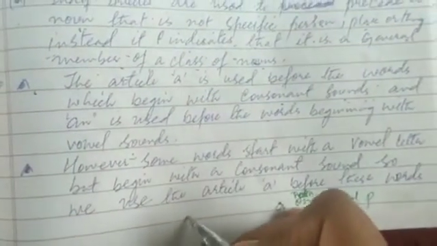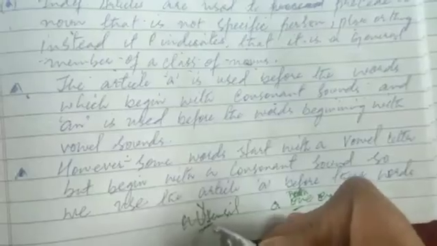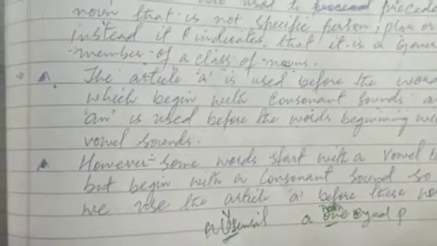A utensil. Utensil. But there's a sound of Y. So for these types of words beginning with vowels but making a consonant sound, we use the article a. That means that the sound of the word matters a lot.